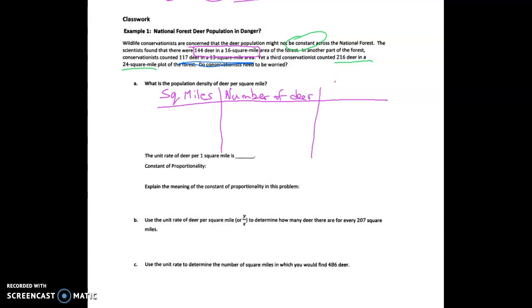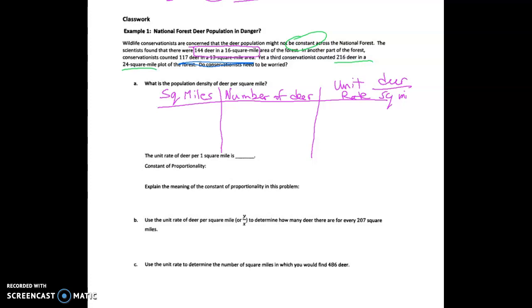And then we'll have our unit rate. What makes most sense is the number of deer per square mile. It doesn't make sense to have square miles per deer. So we're going to have deer per square mile.